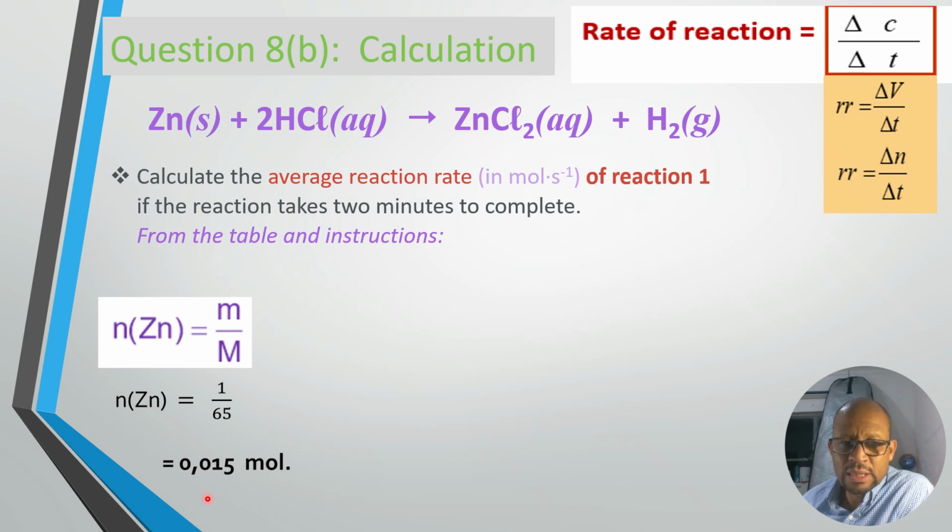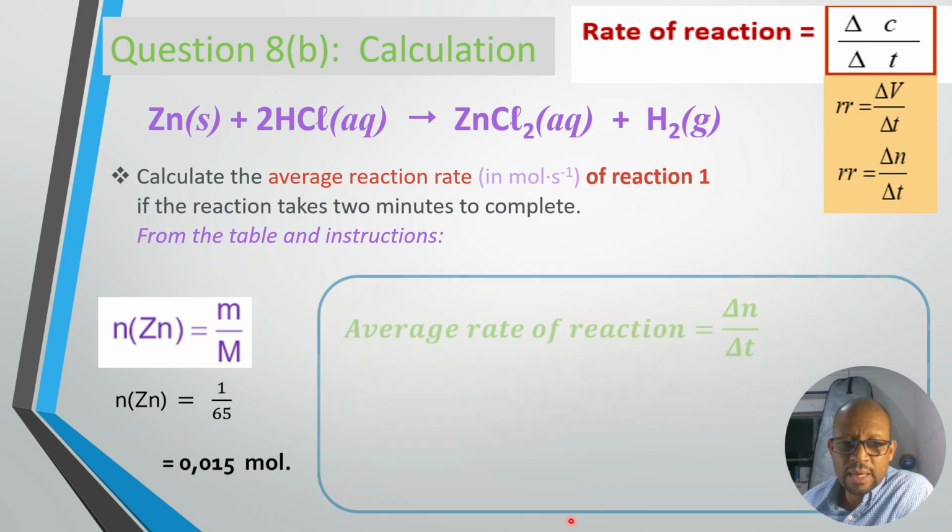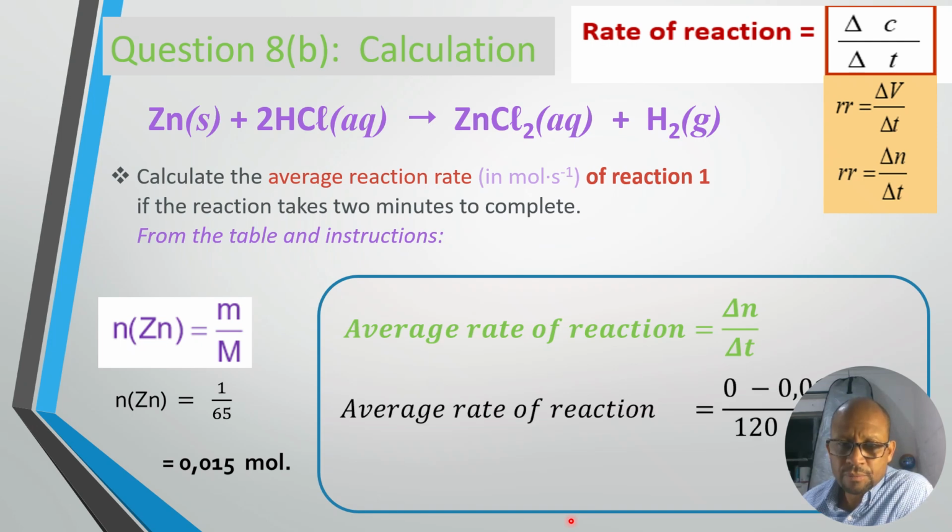In this case, we get 0.015 moles of zinc, and we'll take that and substitute it into the rate equation, which is delta N divided by delta T. The amount of zinc at the end will be 0, but the amount of zinc in the beginning will be 0.015. So that will be the final value minus the initial value divided by 120 seconds.